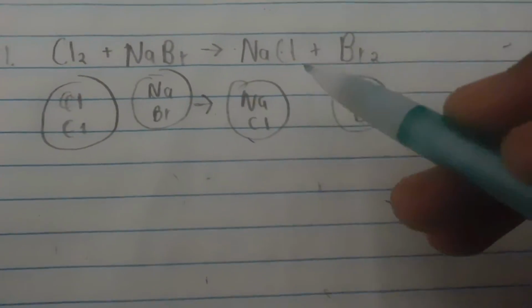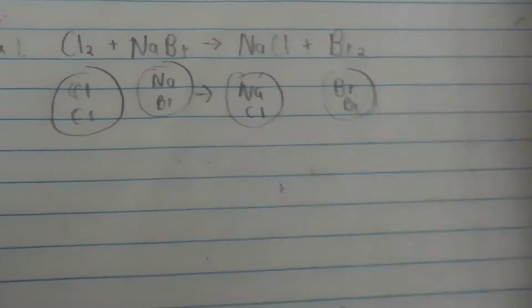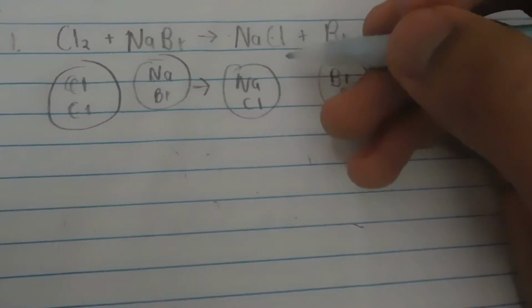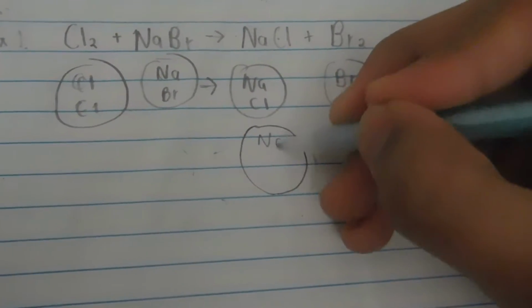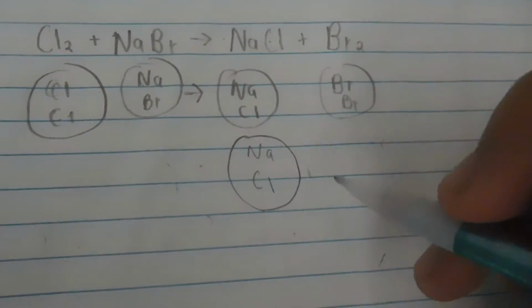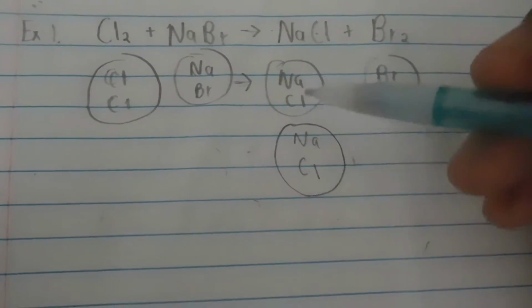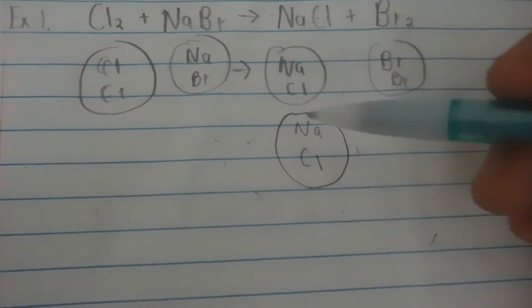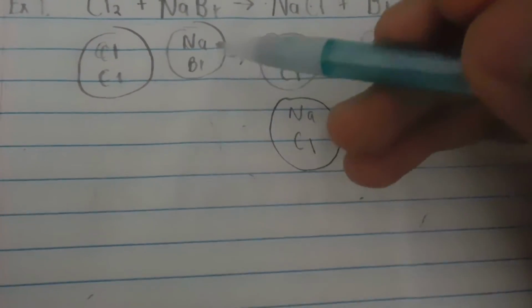So that we can have the same amount of Cl's in the product, we want to add another bubble with the same element. If you want to add another bubble, you have to have the same element to do so. So now we have 2 Cl's, but because we did that, we have 2 Na's, and when we go back in the reactants, we only have 1 Na.